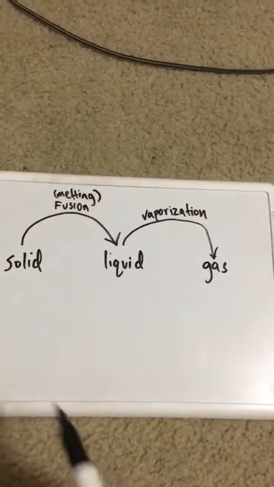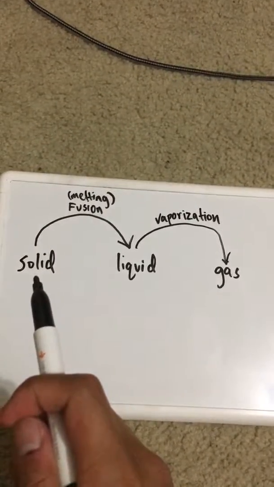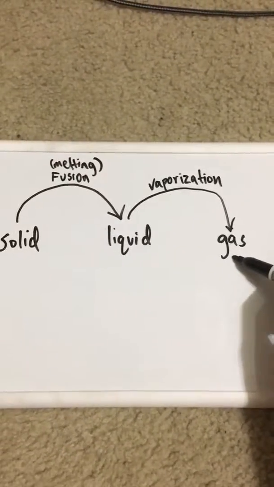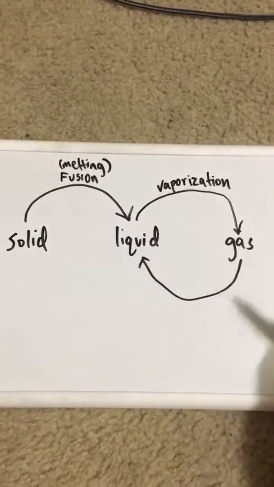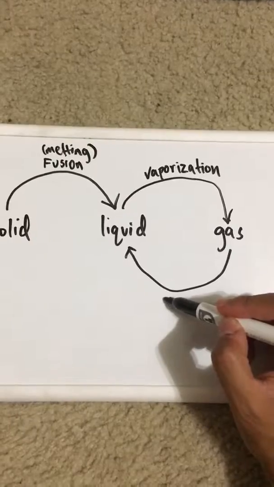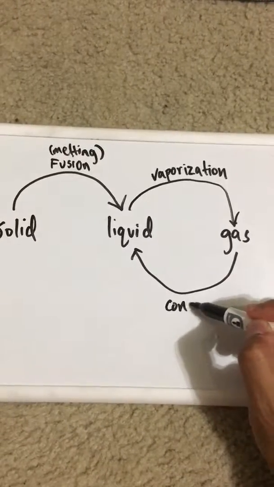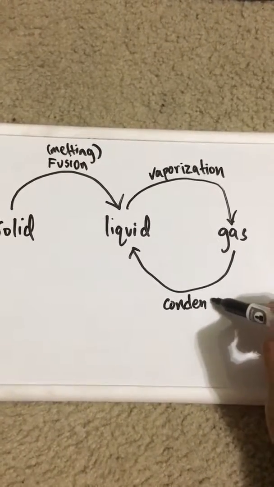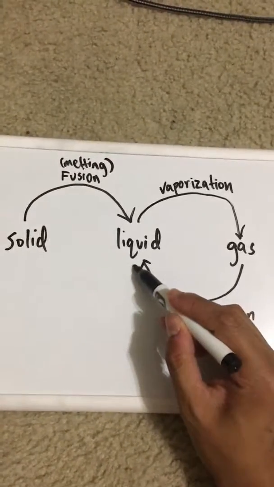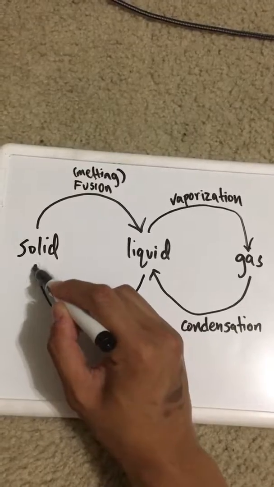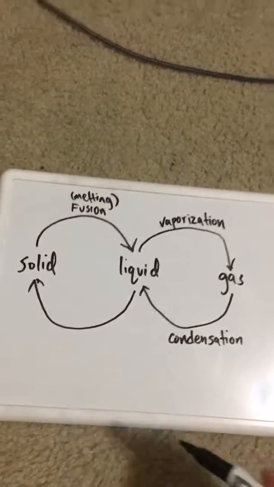Alright, so now we know what it's called to go from solid to liquid to gas. Let's go backwards. From the gas to liquid, what can that be called? It's called condensation. Now from liquid to solid, what can that be called?